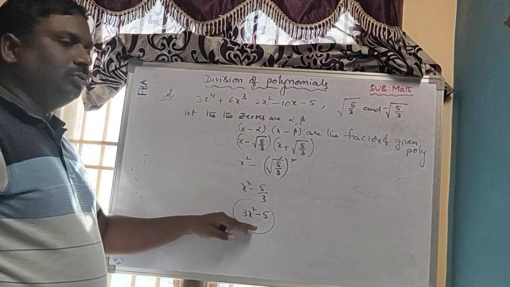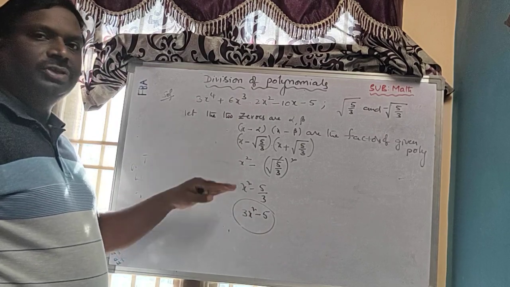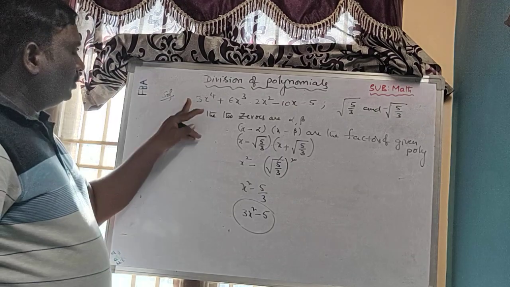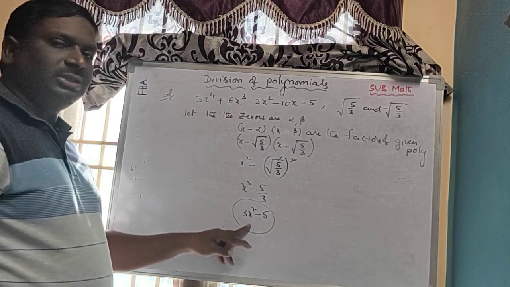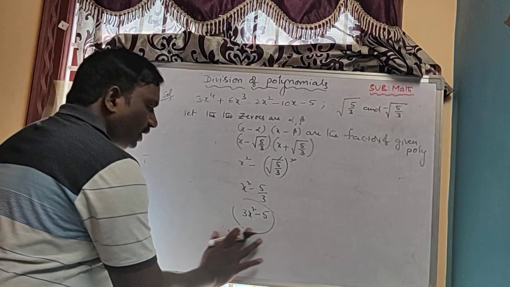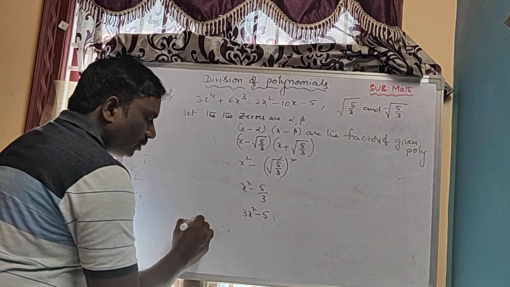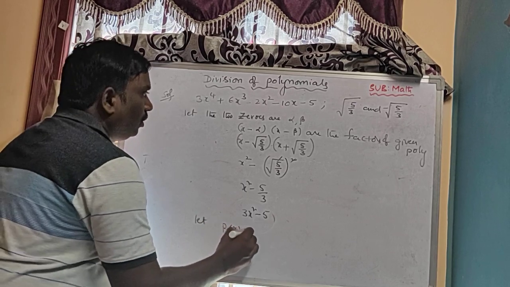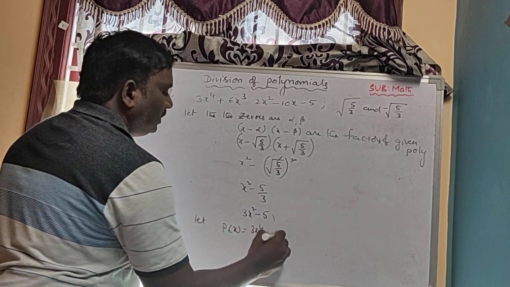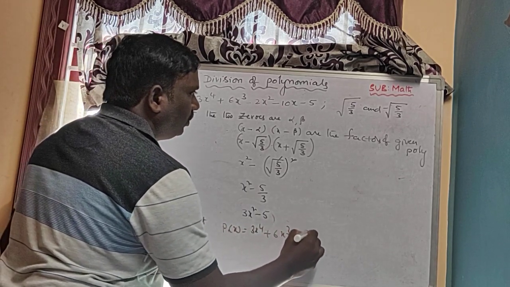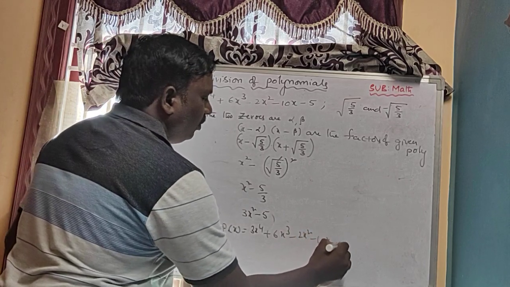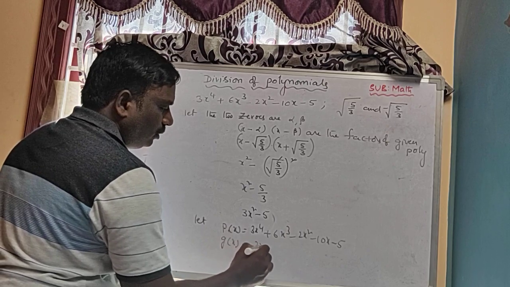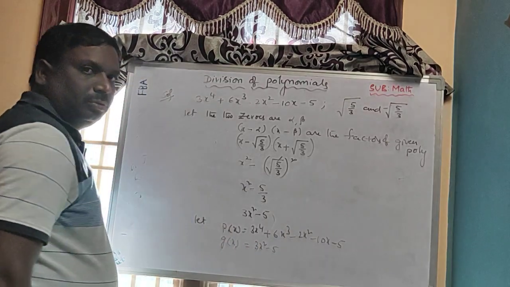By using these two polynomials and doing the division, we'll get the remaining zeros. So now I am taking this as p of x and this as g of x. Let p of x equal 3x power 4 plus 6x cube minus 2x square minus 10x minus 5, and g of x equal 3x square minus 5.